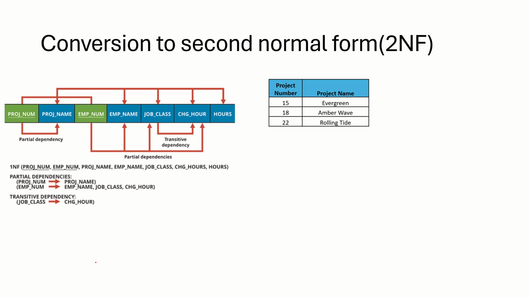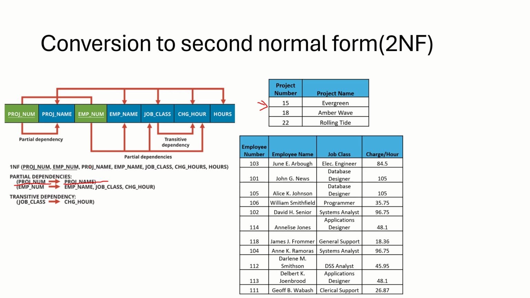The first table, based on the project's number, we can tell the project's name, right? So this is one of the tables. Based on the employee number, we can tell employee name, job description, job classification, and the charge hour. So this is a table.